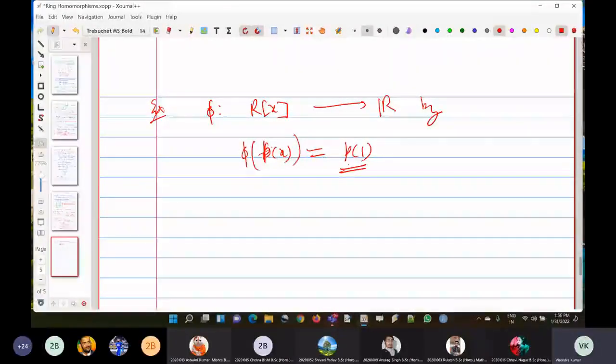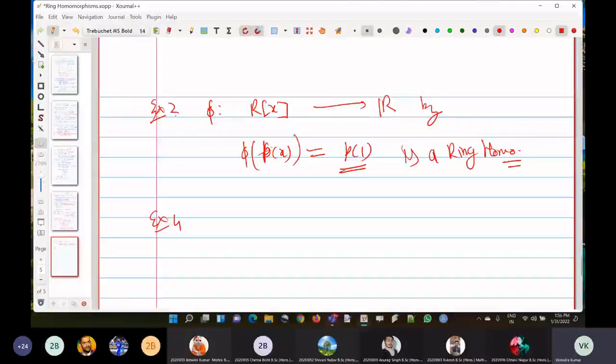Of course, this is going to be a constant number when you substitute the variable. They say it is a ring homomorphism.